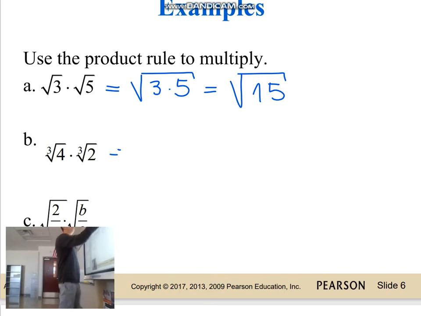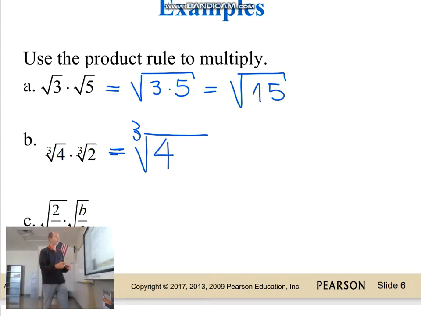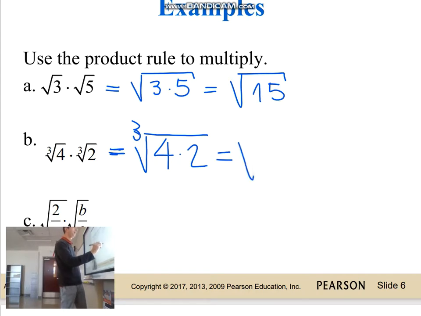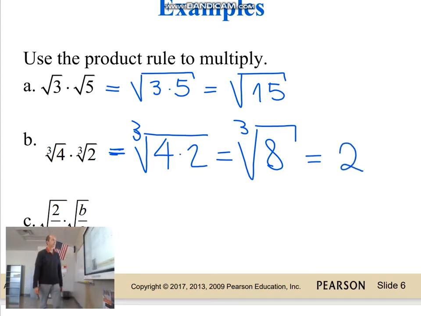Next, letter B. Now I have cube root of 4 times cube root of 2, and the index is 3 for both cube roots, so we can use the product rule and write this as cube root of 4 times 2, which is cube root of 8, and we know that cube root of 8 is 2, right?